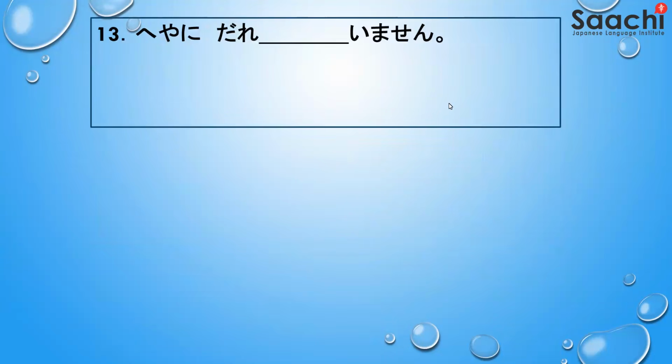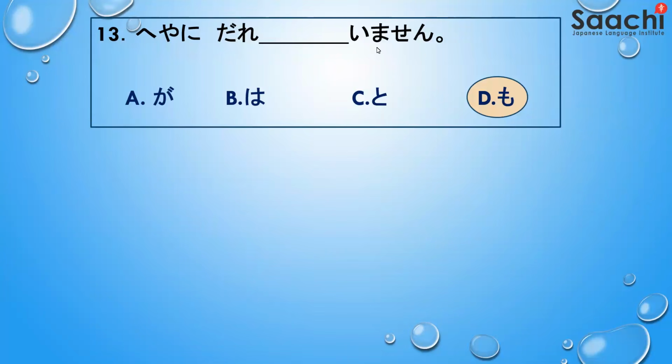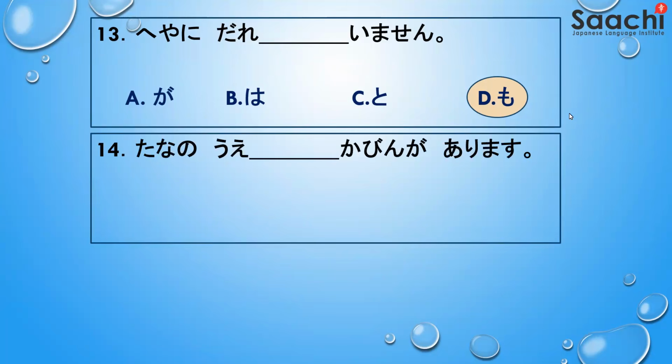Next question. 部屋に誰いません。が、は、と、も。Answer is も。部屋に誰もいません。So, interrogative word, question word plus も and a negative verb. It means nobody is there. 誰もいません。何も食べません。どこも行きません。棚の上、花瓶があります。で、に、は、が。Here you are pointing at a location.